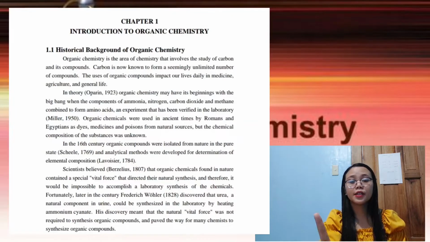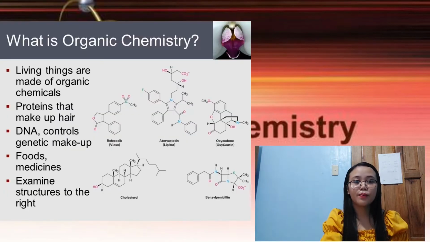Fortunately, later in the century, Friedrich Wöhler discovered that urea, a natural component in urine, could be synthesized in the laboratory by heating ammonium cyanate. This discovery meant that the natural vital force was not required to synthesize organic compounds and paved the way for many chemists to synthesize organic compounds.